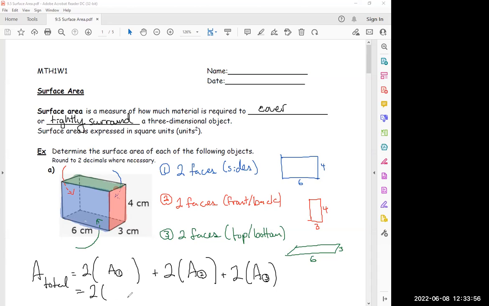What is the area of rectangle number 1? 6 times 4, 24. 2 times 3 times 4, that's a 12. And 2 times 6 times 3, that's an 18. You add that up together. I already did the answers on my own time. The final answer is 108 centimeters squared.